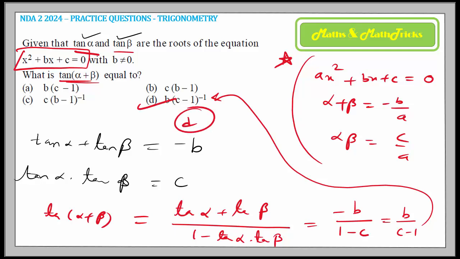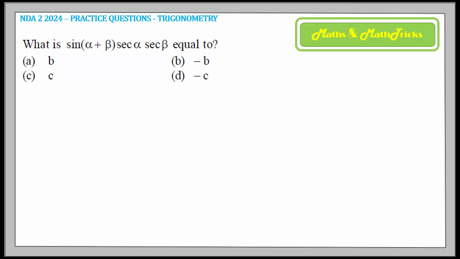Alright, coming on to the next question, which is connected to this. Here you are asked sine of alpha plus beta into secant alpha into secant beta. Basically for sine of alpha plus beta, you have to write the compound angle formula, that is sine alpha cos beta plus cos alpha sine beta, isn't it?